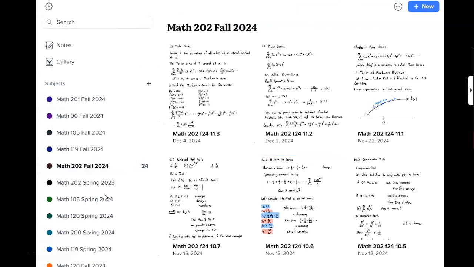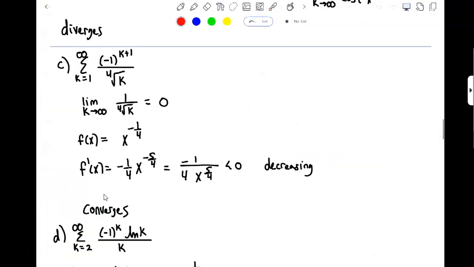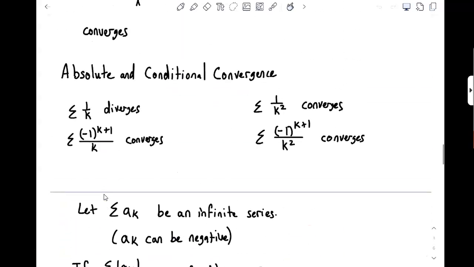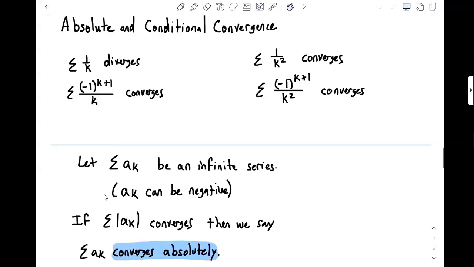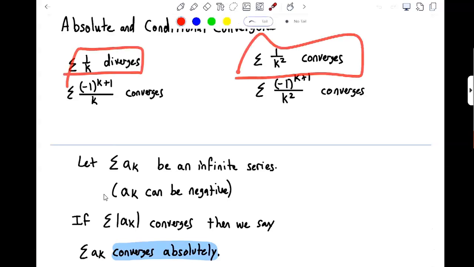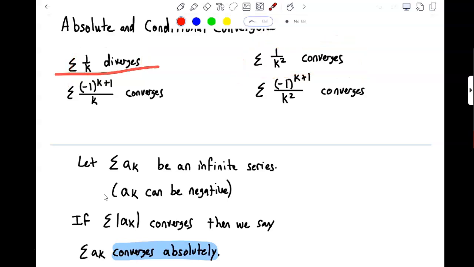The other thing we talked about in 10.6 was absolute and conditional convergence. The big examples were these two series, 1 over k and 1 over k squared. Right, 1 over k diverges, but its alternating series converges. 1 over k squared converges, and its alternating series also converges.